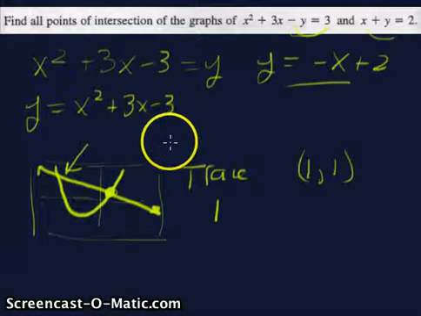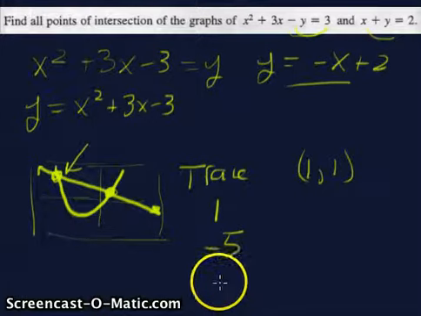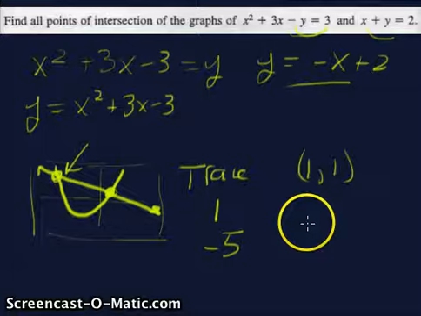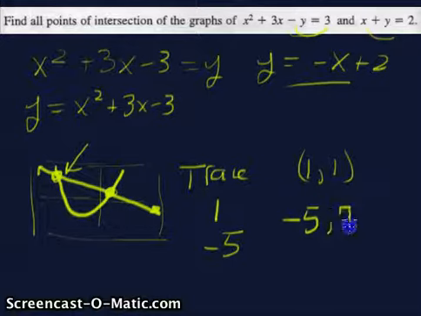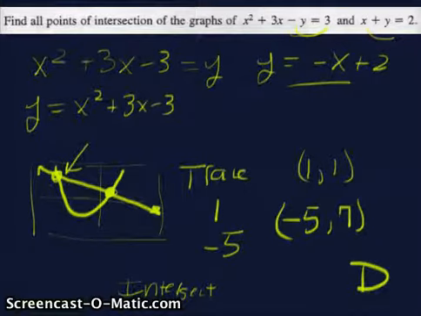The way to do that is take a guess on your calculator and try -5. If you hit -5, you could find that common point as well. So -5 comma 7, you could read that off your calculator. Another thing you could do is use the function on your calculator where you can find where two functions intersect. You could ask me in class and I'll show you how to do that. So the answer choice for that problem is D.